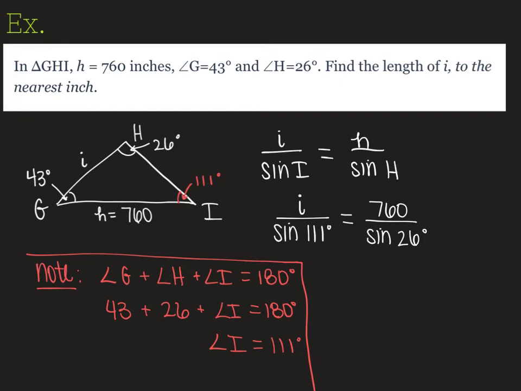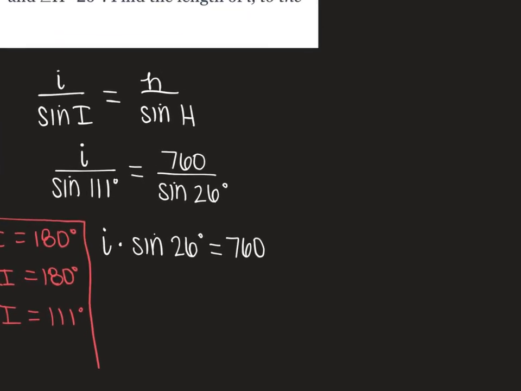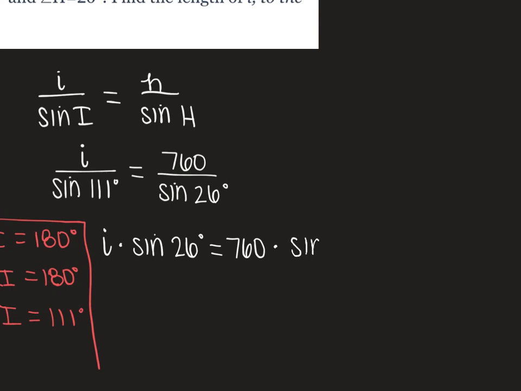So our goal is to solve for i, treat it like a variable because it is. We're going to cross multiply, so you're going to see i times the sine of 26 degrees equals 760 times the sine of 111 degrees.